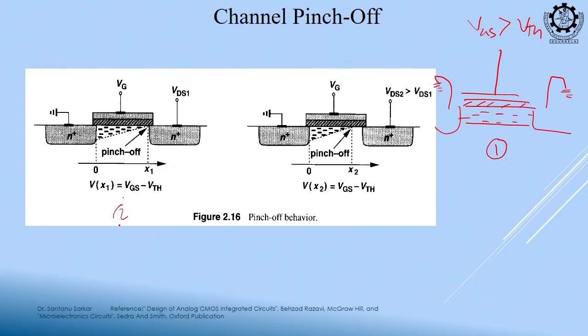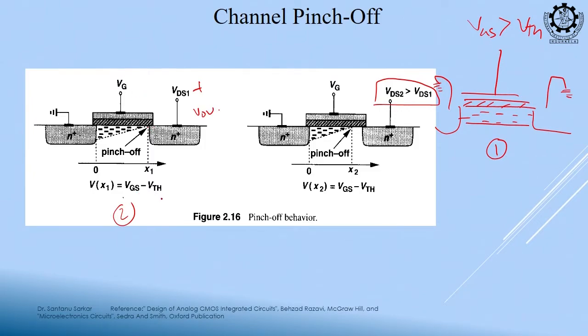In 2, we are providing a positive drain potential, say just equal to VOV. So, this channel will just end at the edge of the drain. Now, if we even increase this drain potential, the channel will move away. This is known as the pinch off, this is just ending. So, at this end, what is our vertical field?